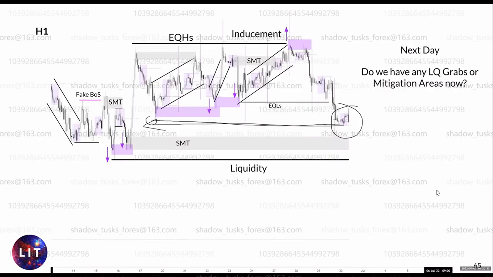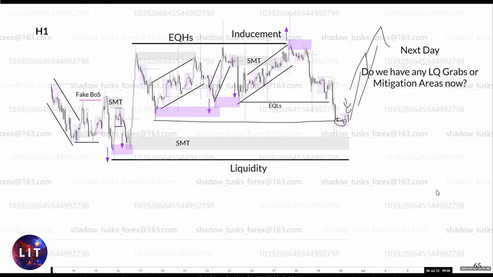In Asia, do we care about that? Do we really care? That's EU, by the way. Do we care if this has been taken out in Asia or very late of the day? Do we really care, or do we care about the major timing windows, London and everything? Right? So do we have any major liquidity grab? So whatever inducement could happen this way, and we have to continue to that one side. The answer is no. We don't have any liquidity grabs or mitigation areas now. We don't. Okay, so guess what?